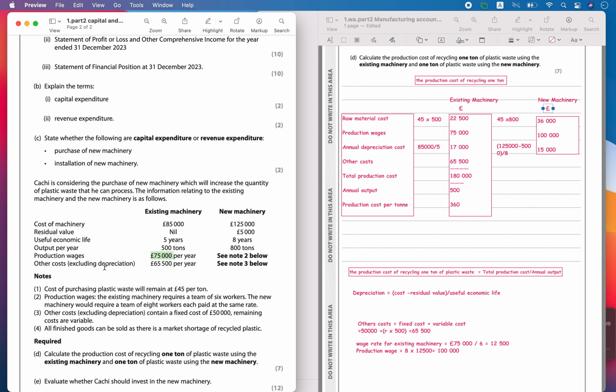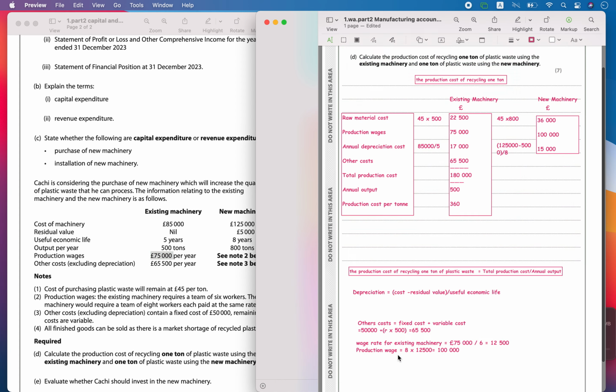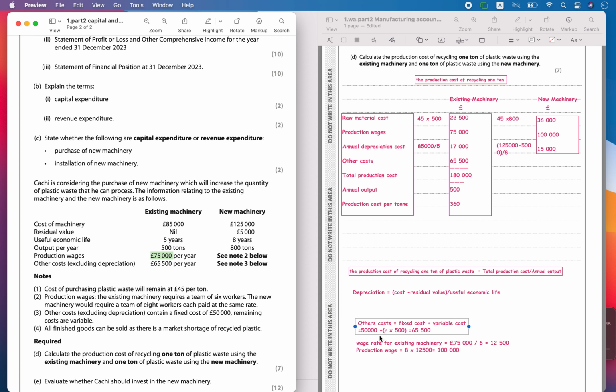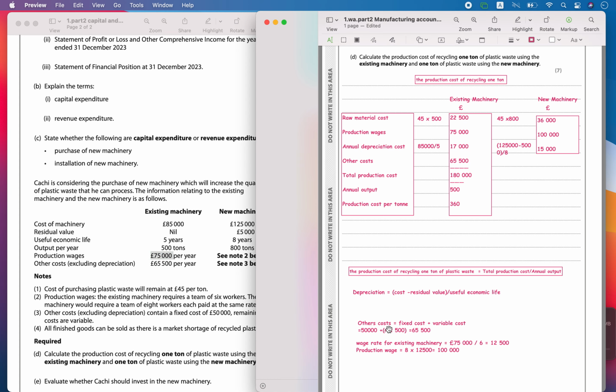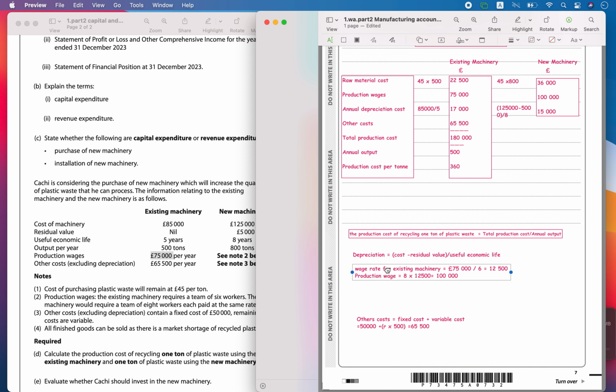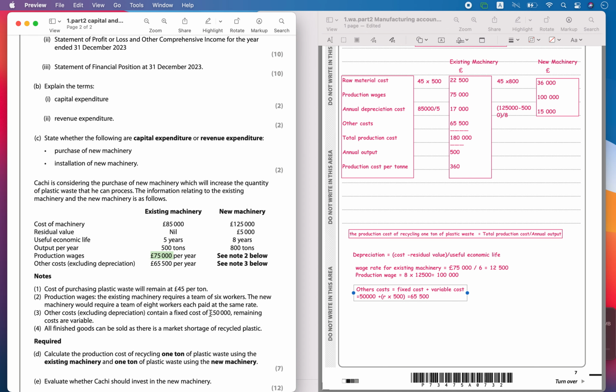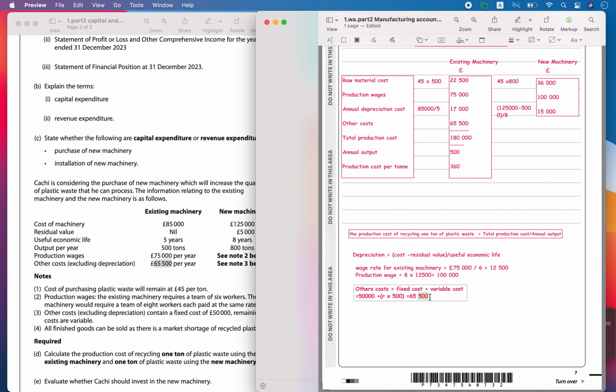Next, we have the other costs. It says, see the note below. Other costs excluding depreciation contain a fixed cost of 50,000 plus the variable cost. So here we will need the rate at which the variable cost is changing. The other cost is equal to fixed cost plus variable cost. The fixed component was 50,000, and if the output was 500, I don't know at what rate it was changing, but we know the total other cost was 65,500 for the existing machinery.